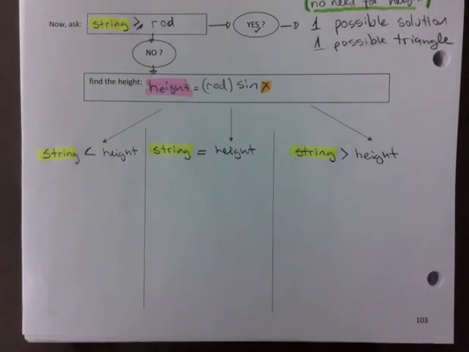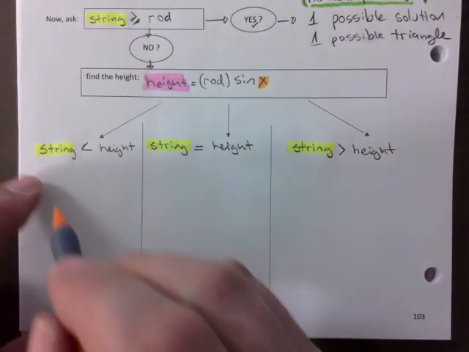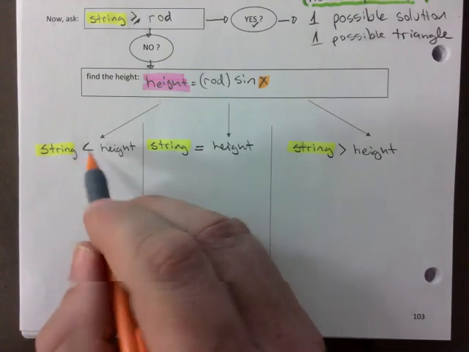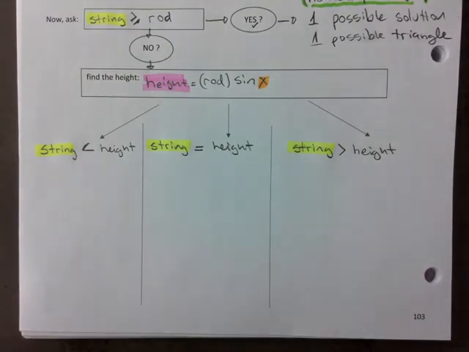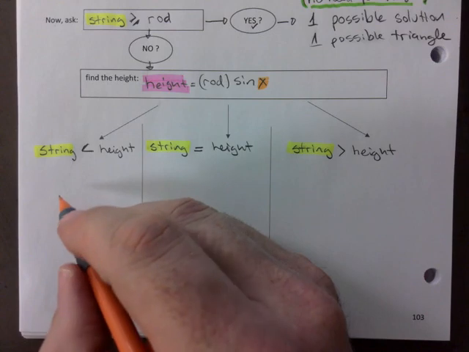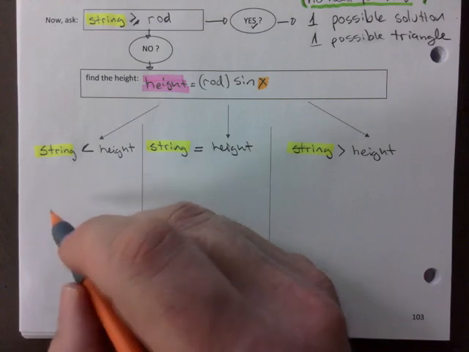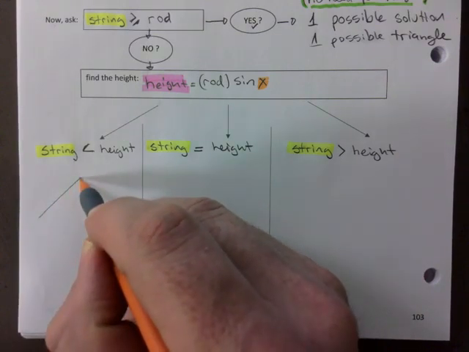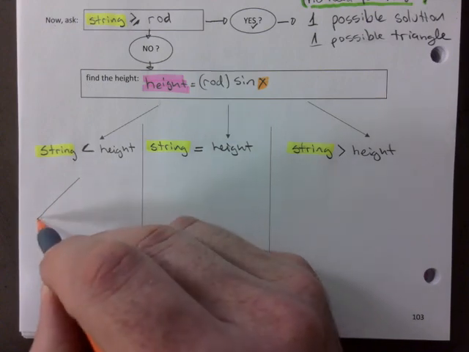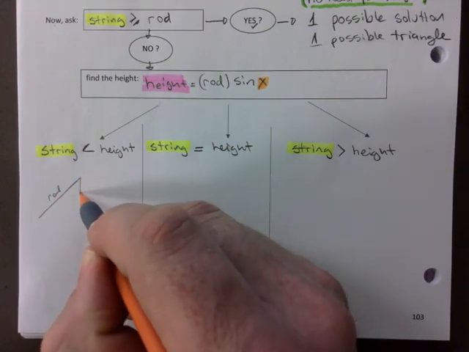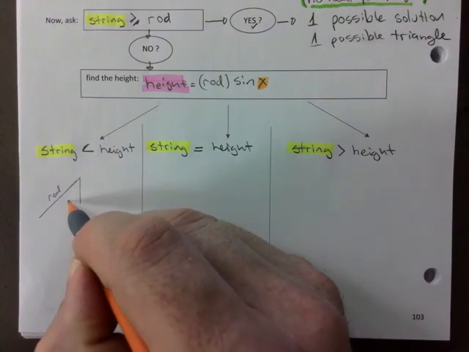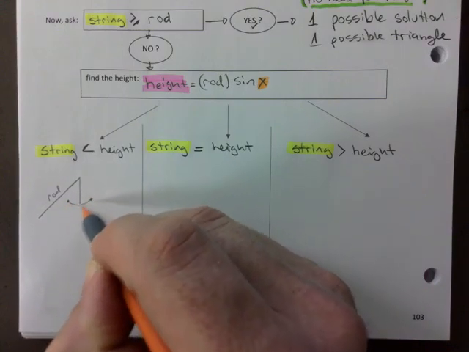All right, so here it is. If the string is less than the height, there's no triangle. How did I do that in your notes? I can't remember. But I probably will have done something like this, where this is your rod, and this is the string, and the string is just dangling like this, right?